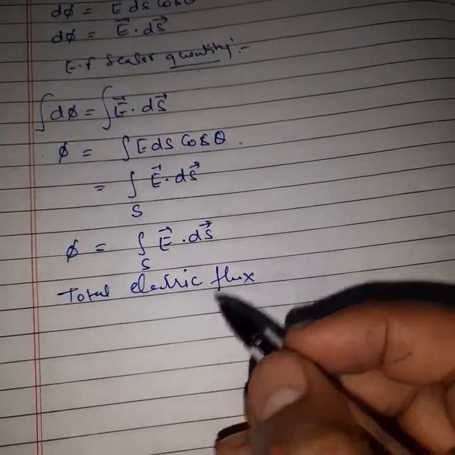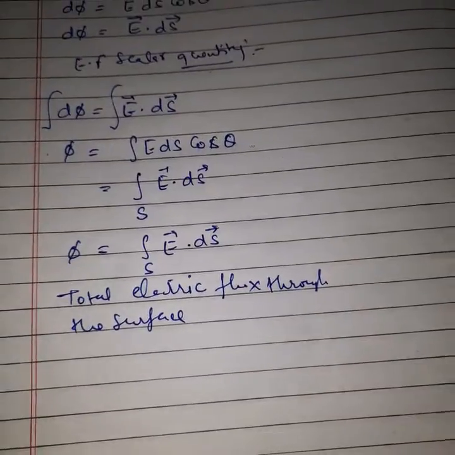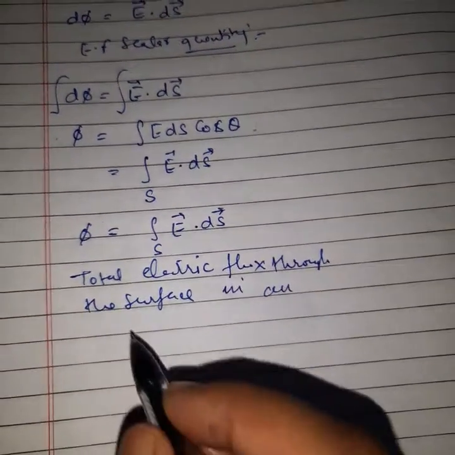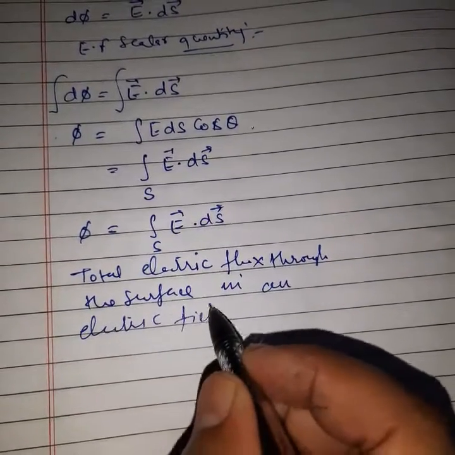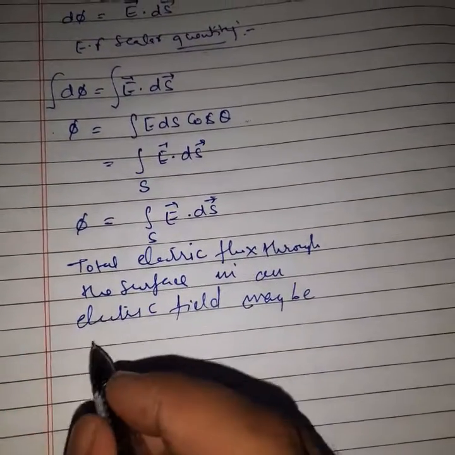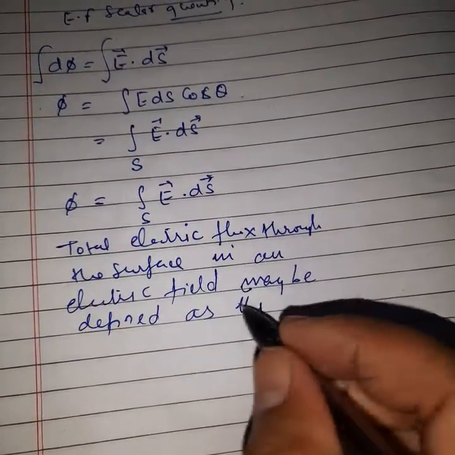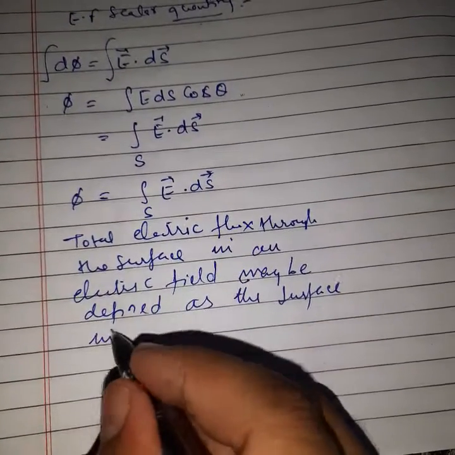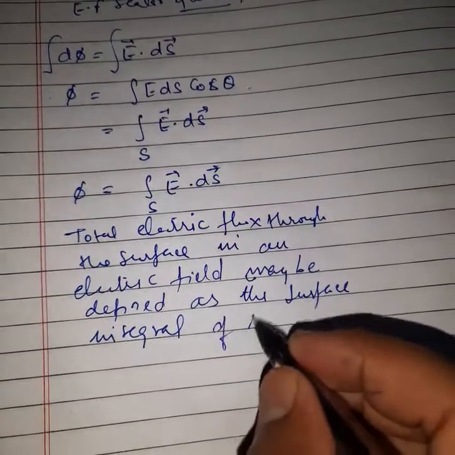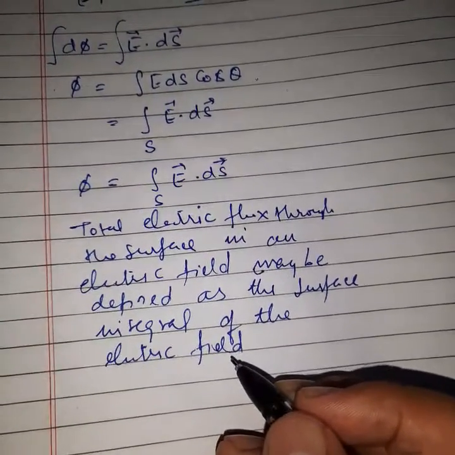Total electric flux through the surface in an electric field may be defined as the surface integral of the electric field over the surface.